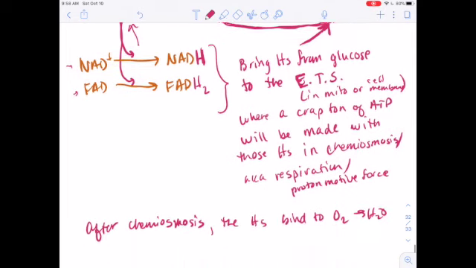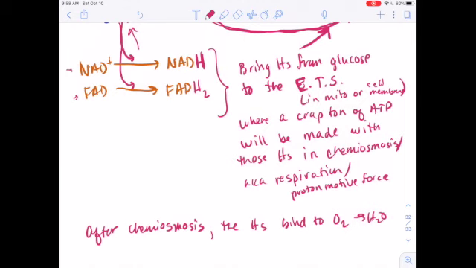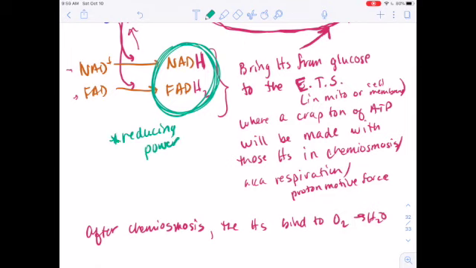That's the process. But a reminder that having a lot of this stuff is a goal of the cell. The cell likes having a lot of NADH and FADH2. The cell likes having reducing power because it means that the cell can do chemiosmosis. So it's really important.